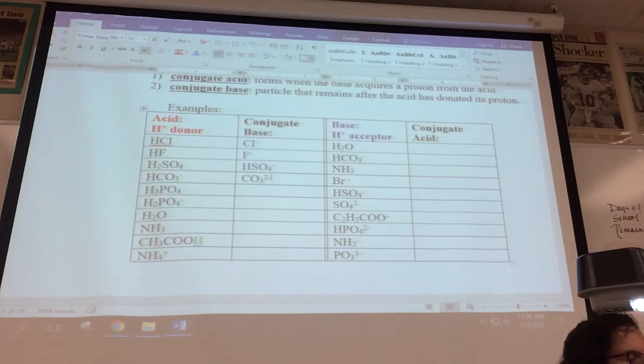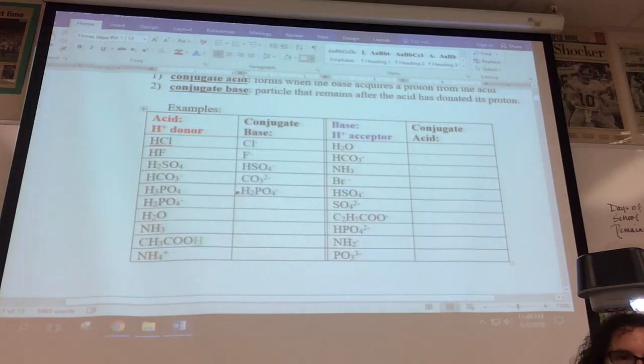Initially 1 minus, now 2 minus. So what would the conjugate base of phosphoric acid be? H2PO4, 1 minus. Now interestingly, that substance, dihydrogen phosphate ion, can either be an acid or a base.